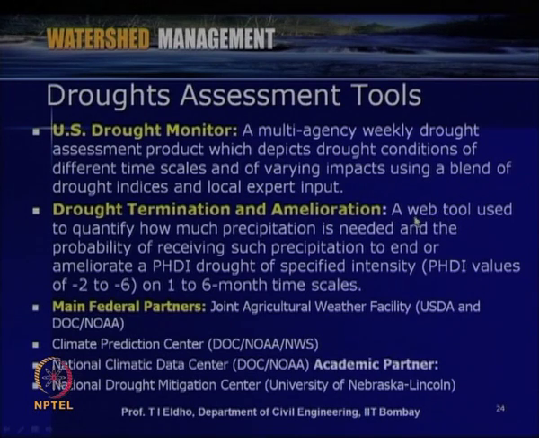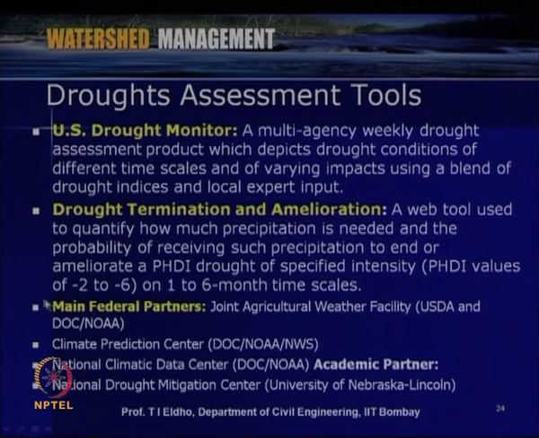This is a web based tool used to quantify how much precipitation is needed and the probability of receiving such precipitation to end or ameliorate a Palmer hydrologic drought index drought of specified intensity, say like -2 to -6, on a 1 to 6 months time scale. So, this is another drought assessment tool, called the drought termination and amelioration tool.